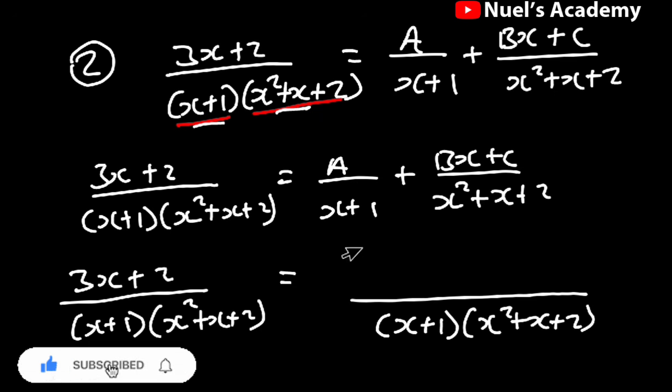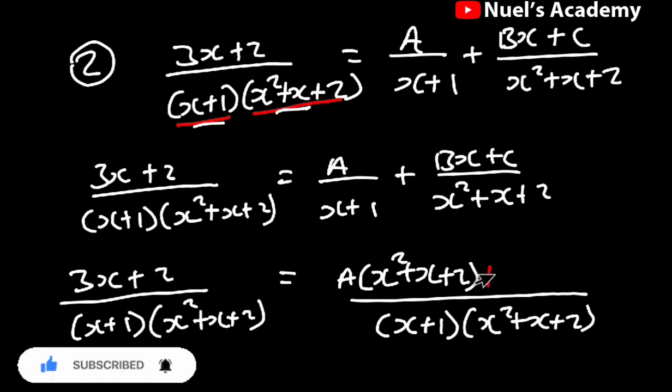So we're going to have (x plus 1)(x squared plus x plus 2) divided by (x plus 1). We're going to be left with x squared plus x plus 2. Now this times a is going to be a multiplied by (x squared plus x plus 2).